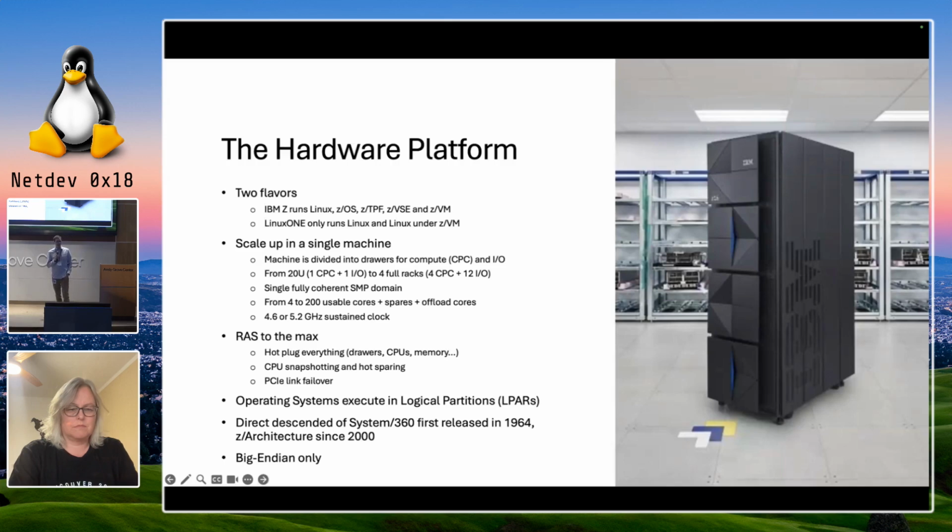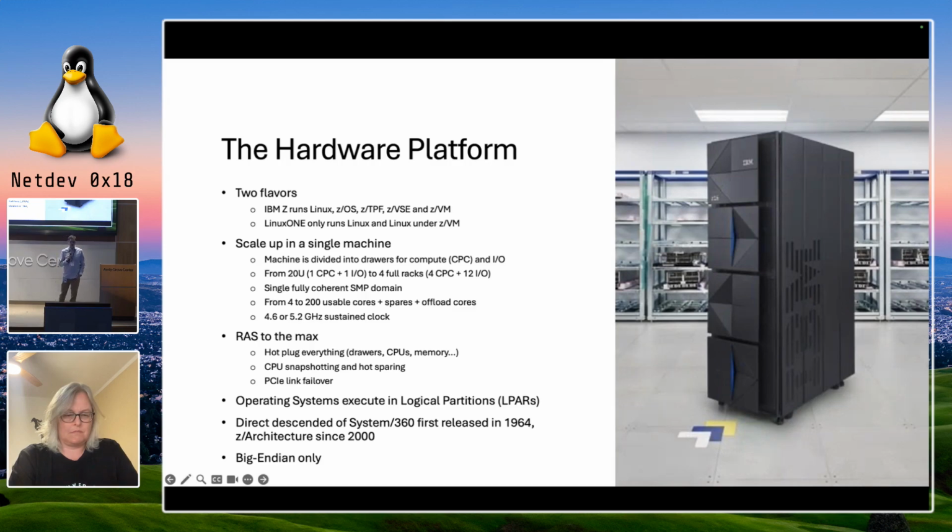We're also clocking pretty high: the air-cooled ones at 4.6 gigahertz, and the water-cooled ones, which are really big, at 5.2 gigahertz. Another focus of the platform is reliability, availability, and serviceability to the max, meaning as best as you can get.